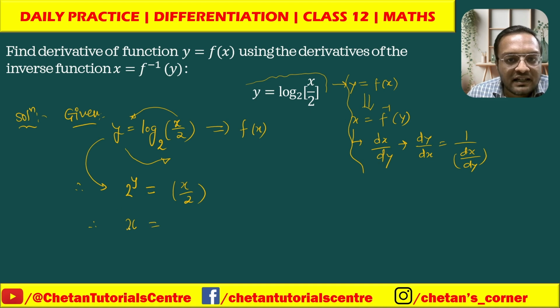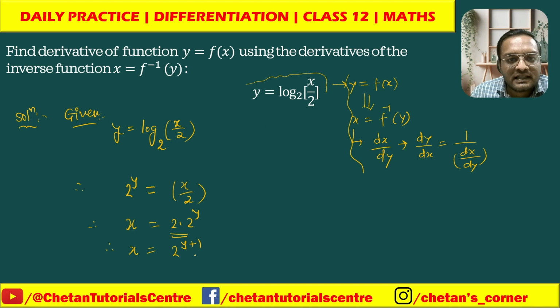Then what I will get? x is equal to 2 into 2 raised to y. And using laws of indices, I will write this step as x is equal to 2 raised to y plus 1. Now here you can see that I have obtained the inverse function of the given function, that is y is equal to log of x upon 2 to the base 2.